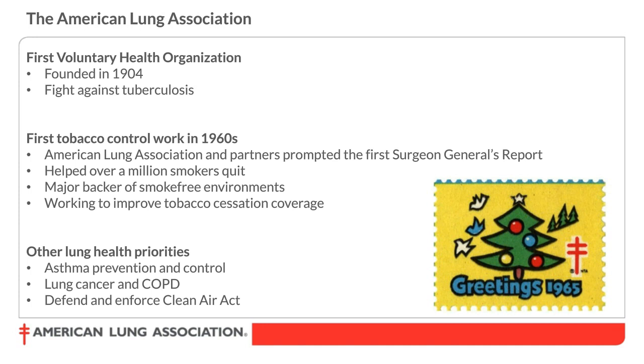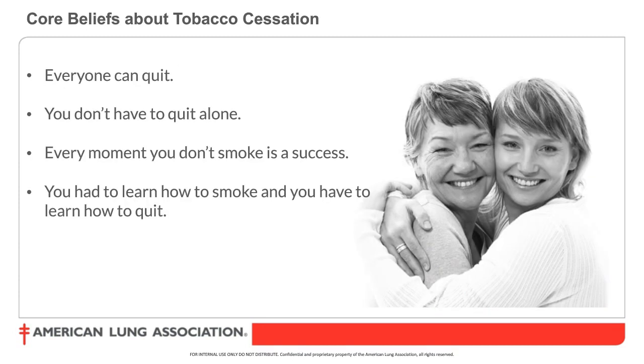Other lung health priorities included asthma prevention and control, lung cancer and COPD work, and to defend and enforce the Clean Air Act. The American Lung Association has 8 core beliefs about tobacco cessation.